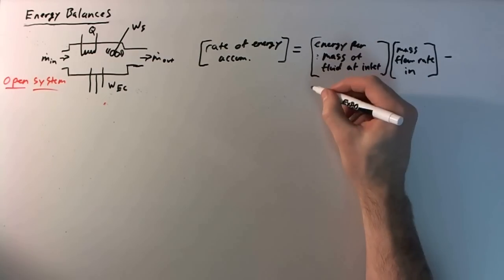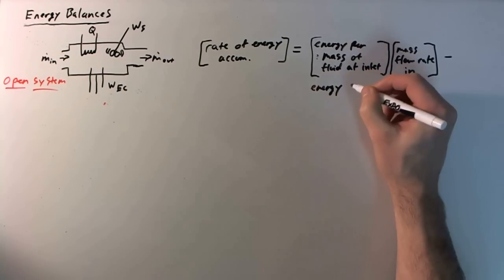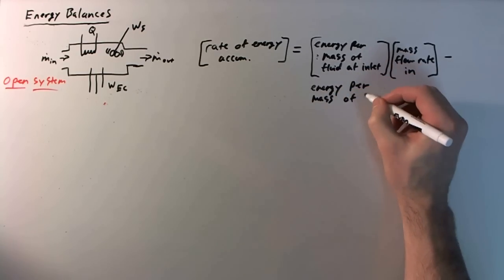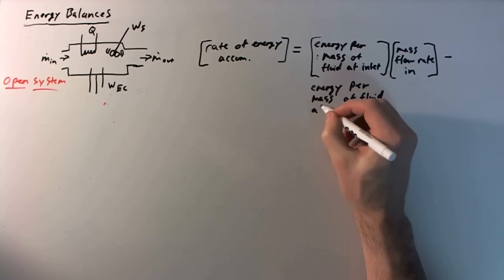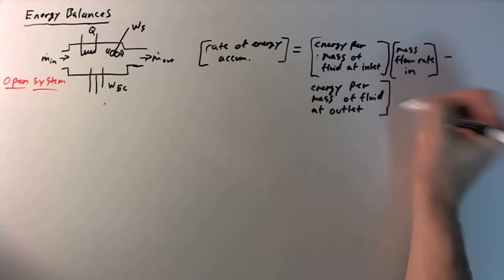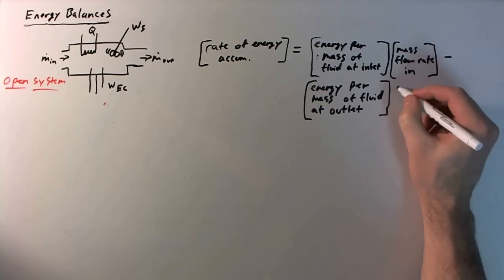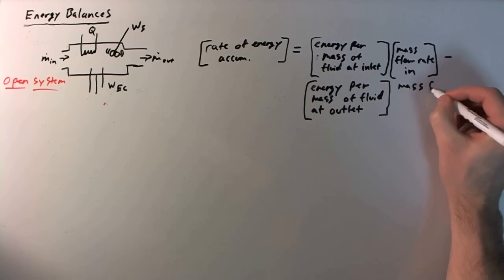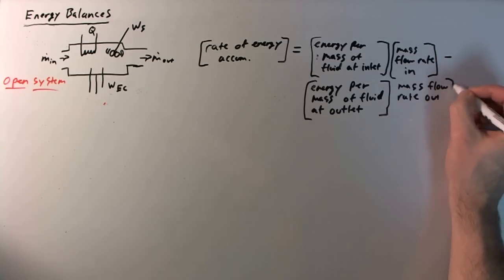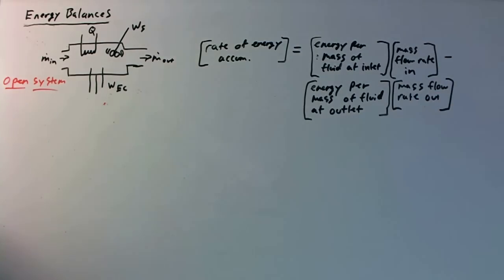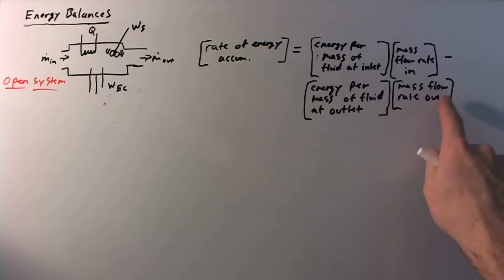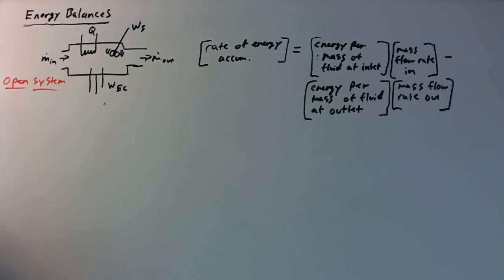So we have the energy per mass of fluid at the outlet, right, times the mass flow rate out, okay, right? So we have the energy times the mass flow rate coming in, subtract from that the energy times the mass flow rate coming out, right, of the fluid coming in and the fluid coming out.